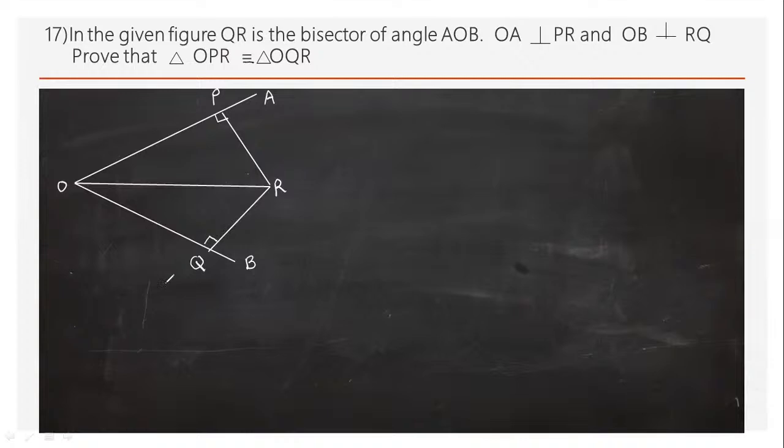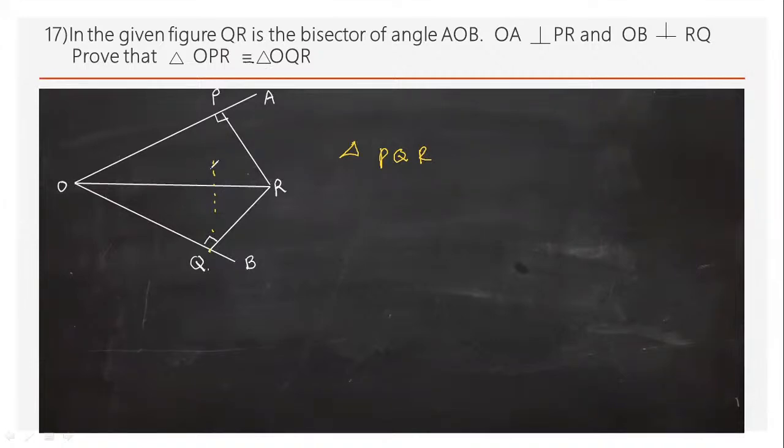17th question. We have to take these two triangles. First one, triangle POR, and this one, PQR and QOR.